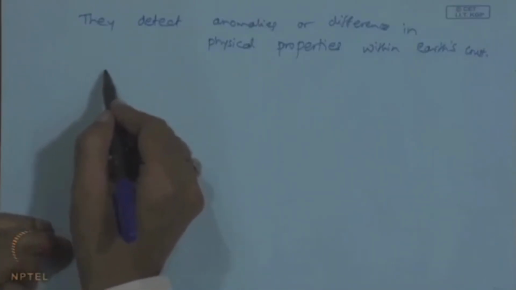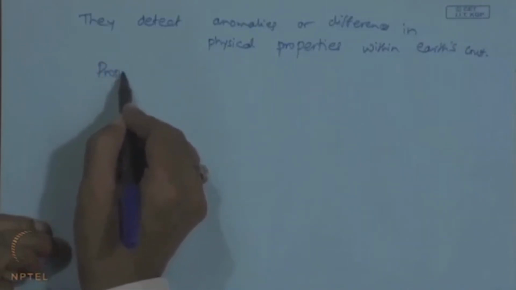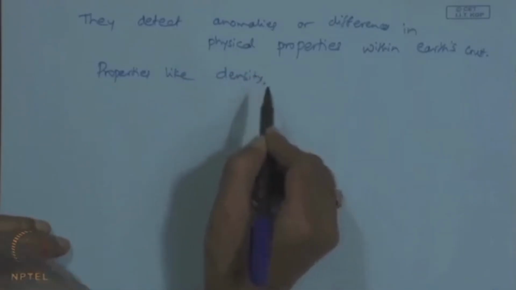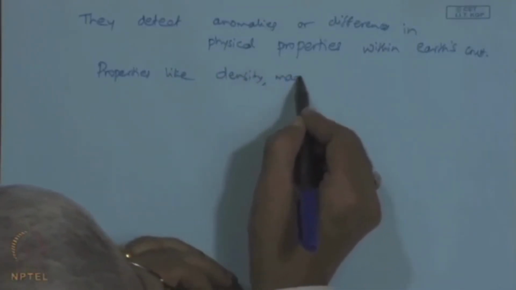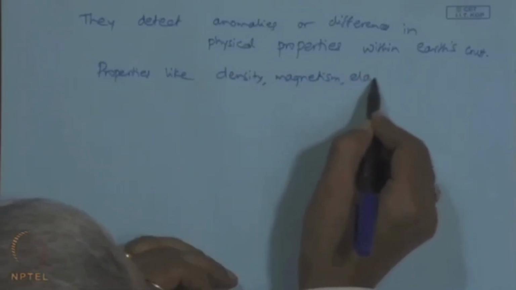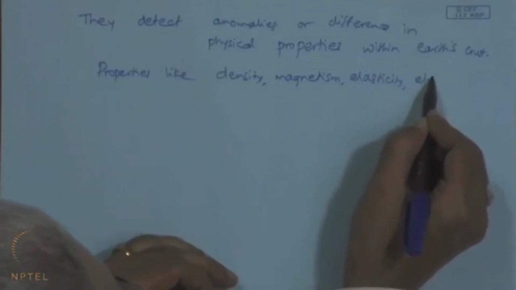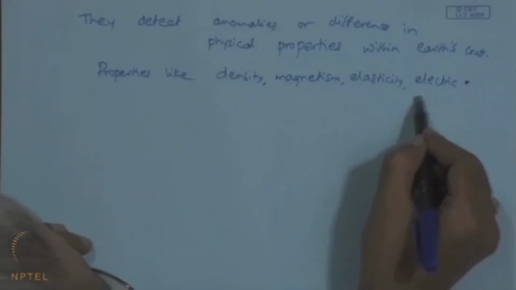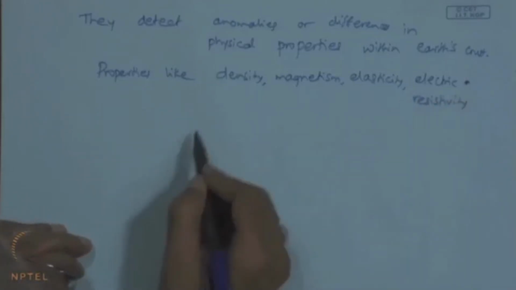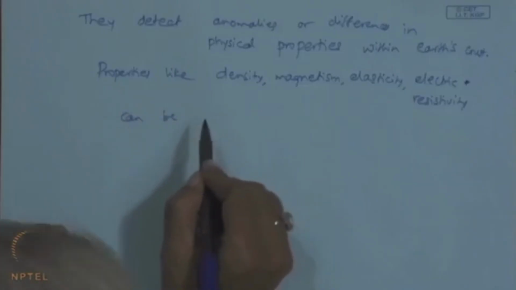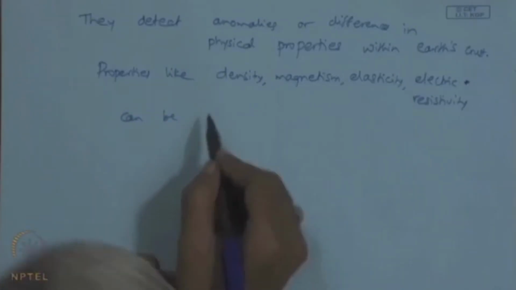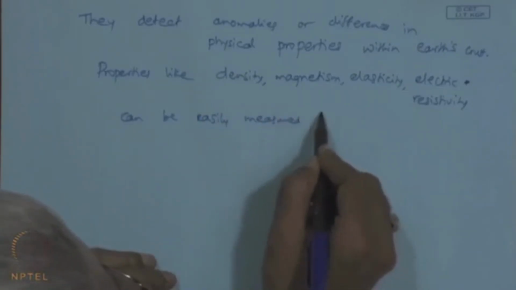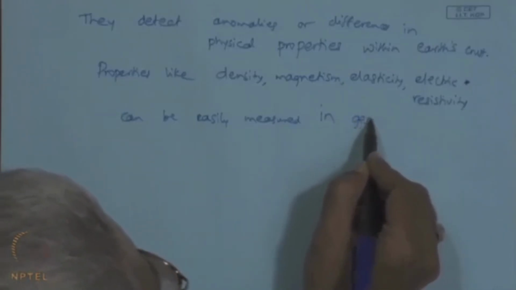Some of the properties, like density, magnetism, elasticity, and electric resistivity, can be easily measured in geophysical explorations.